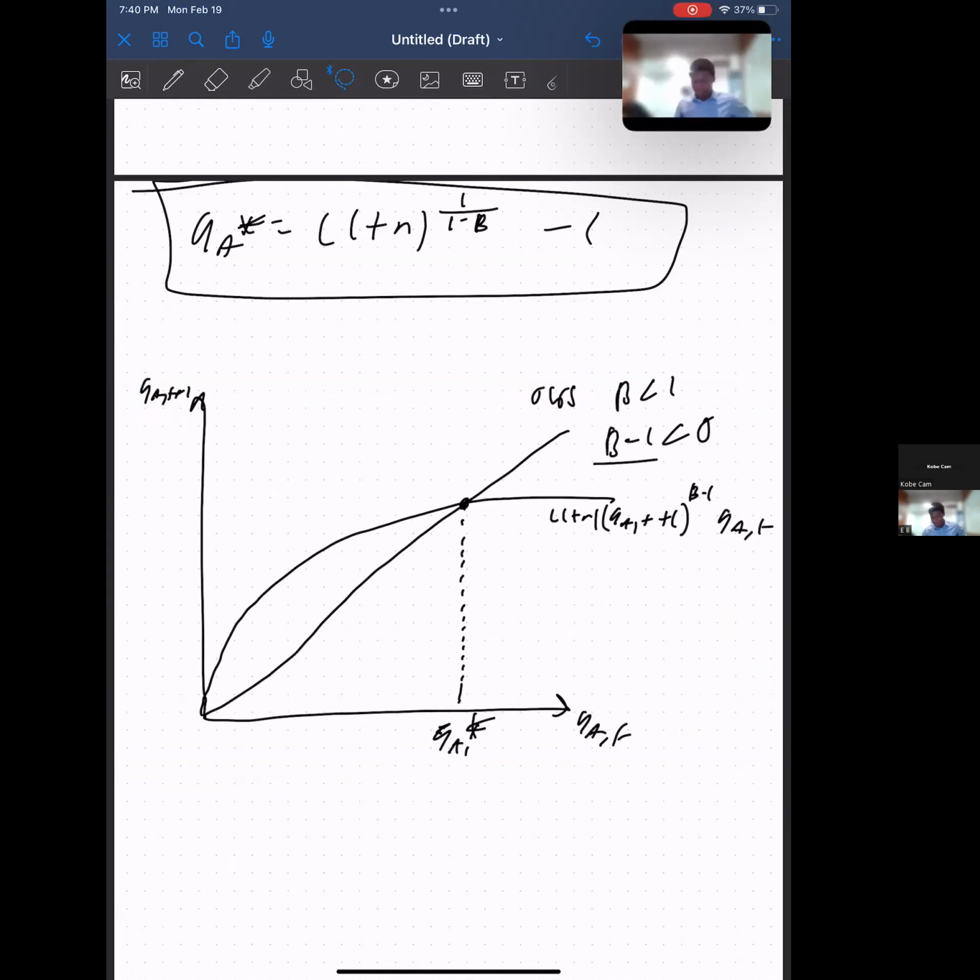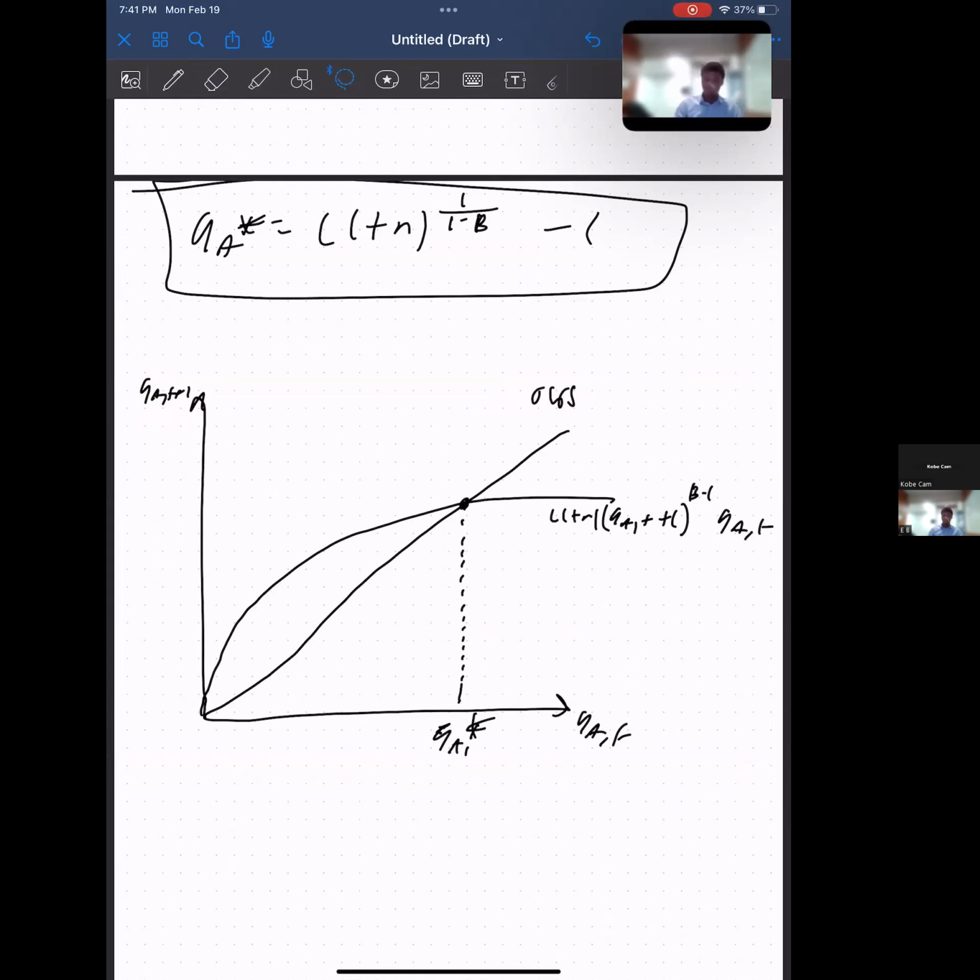Okay, straighten this out. We're now asking what happens if we reduce B, not beta, right? Not beta, B. So if we reduce B, do any of these lines shift? Do we see any shift in the equation right here?